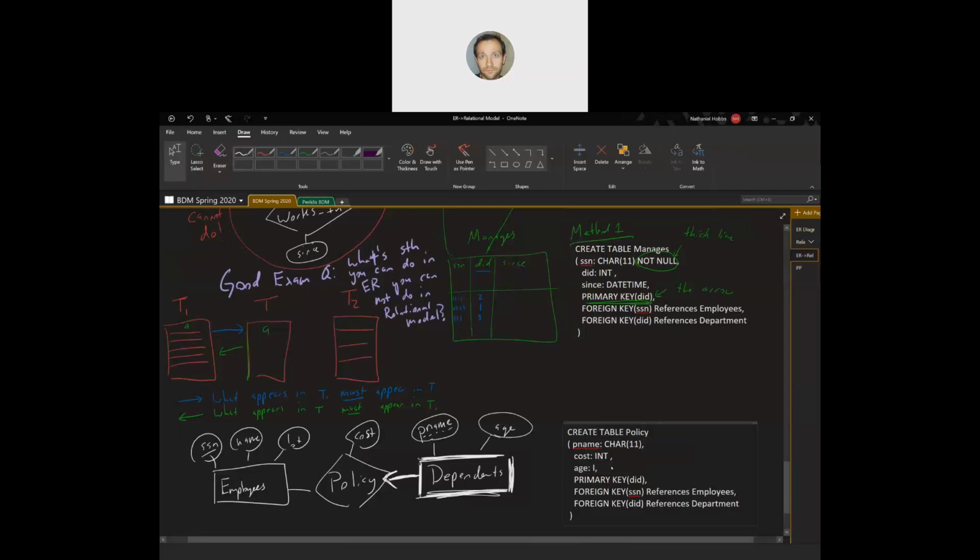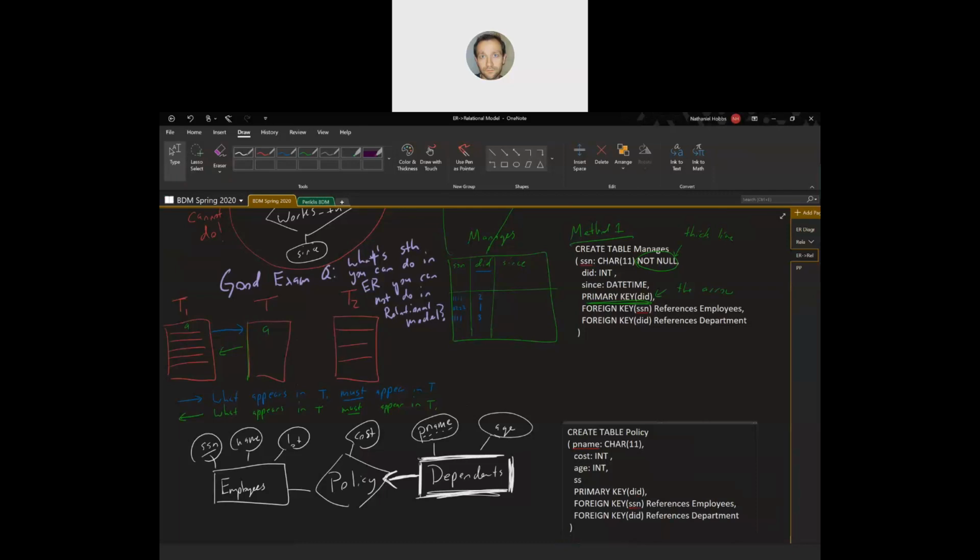Age is going to be an integer. And in addition, this has a social security number. And the primary key, again, is the combination of P name and social security number.